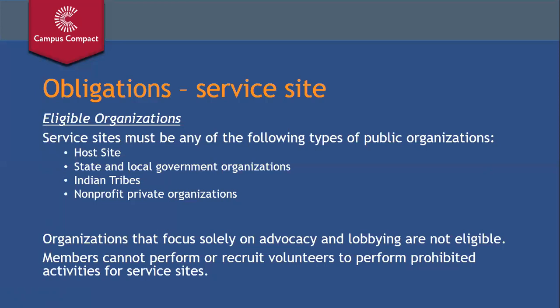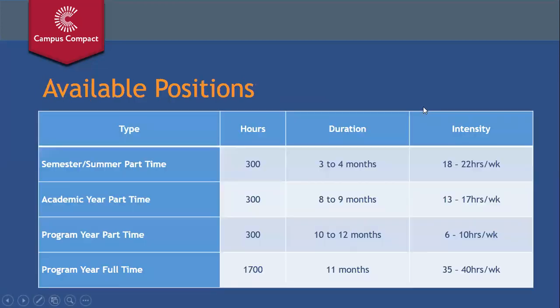However, organizations that focus solely on advocacy and lobbying are not eligible, and members cannot perform or recruit volunteers to perform prohibited activities for service sites. There's a lot of information in the application instructions on specific prohibited activities. I am going to go over that a little bit later in this presentation, but just be aware that AmeriCorps reviews this quite regularly and very critically.